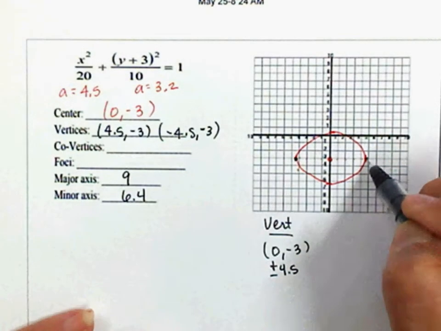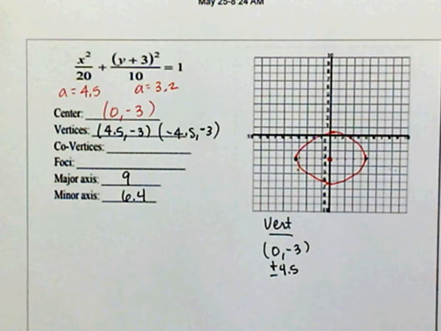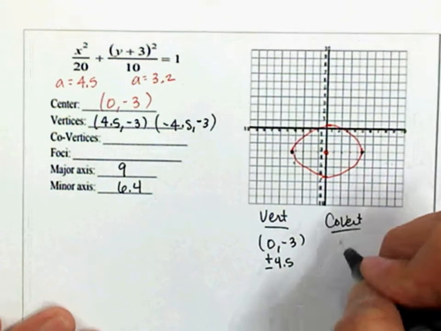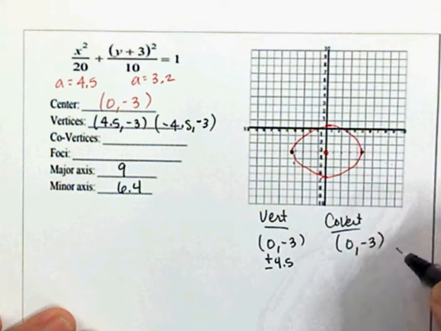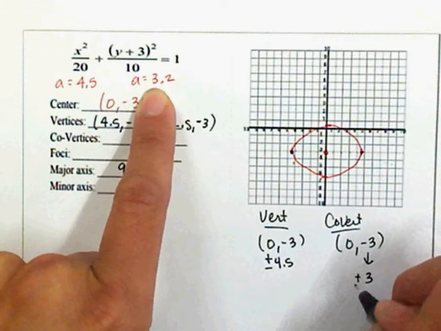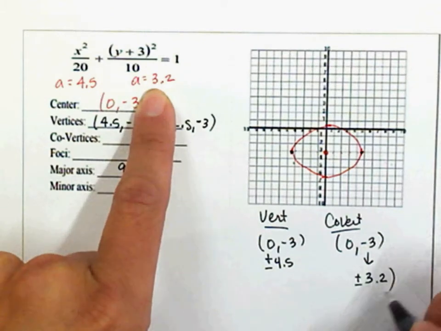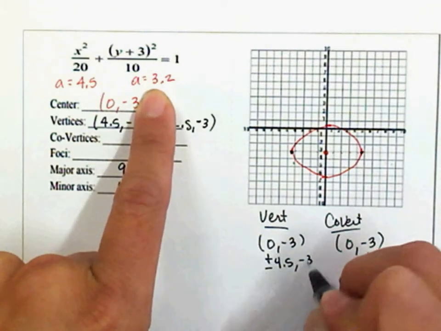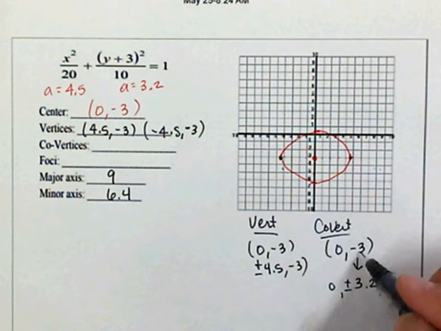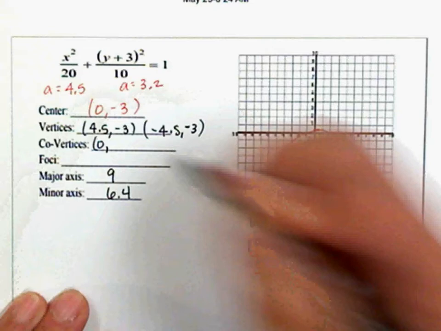Cool. Co-vertices. Center is 0, negative 3. And B is 3.2. So plus or minus 3.2. I write 0, that doesn't change because your x is the same.